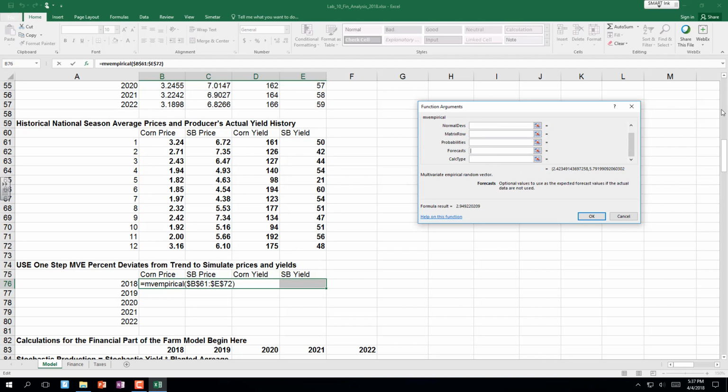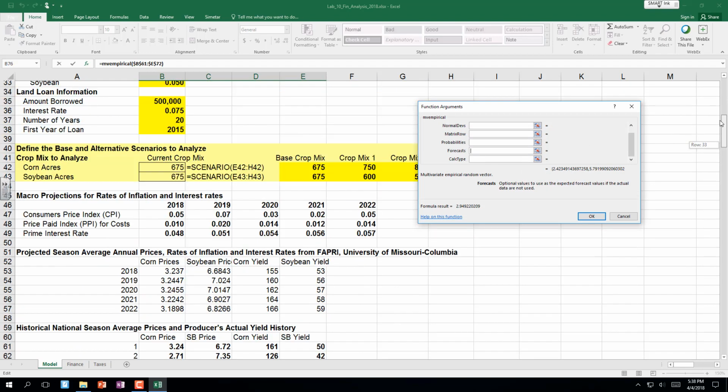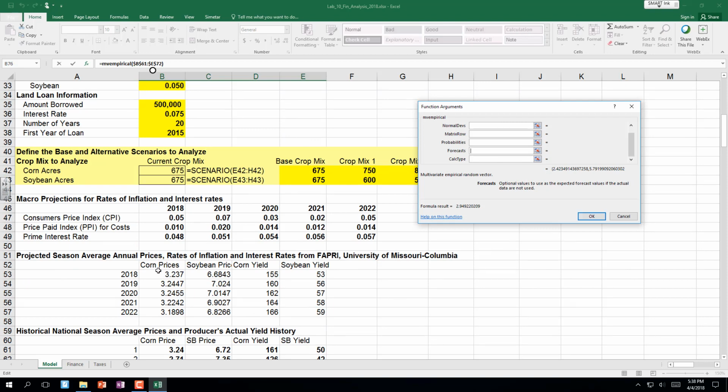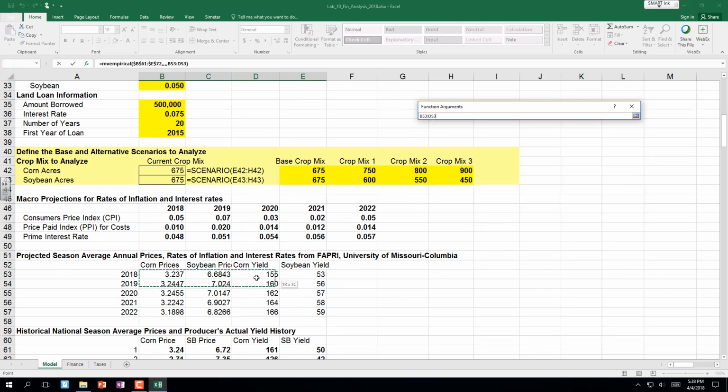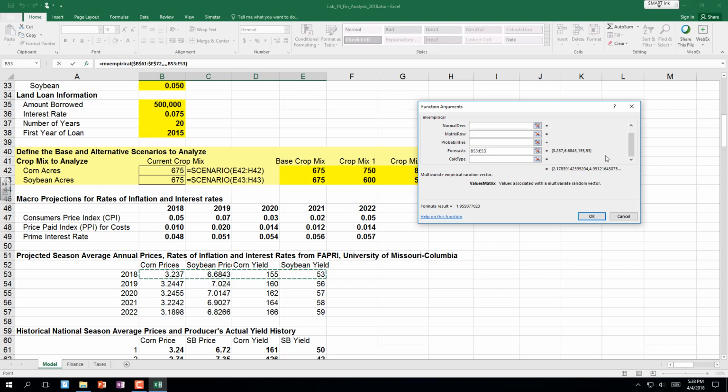Well, the forecasts in the first year are right here in row 53. So I'm going to highlight those. And then it asks for the calculation type. Okay? And we're going to use a 2, which says it's a percent deviations from trend. Right here. Percent deviations from trend.